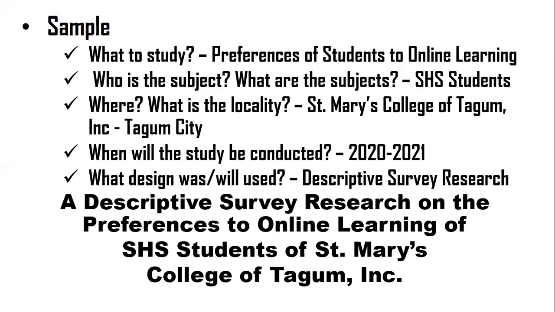What you are going to remember and always have a fixed idea of is the purpose of your research, or the information here: what you're going to study, who are the subjects of your study, where do you want to study it, when will the study be conducted, and the design that will be used. Any changes on those things could change the title. Okay, so that's it for this video presentation.